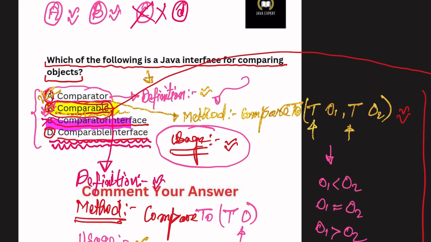The actual interface used for comparing objects with natural ordering is called comparable. So that is why the correct choice is A, comparator, and B, comparable. Both A, comparator, and B, comparable are interfaces in Java. Okay, so only two options are correct, that is option A and option B.